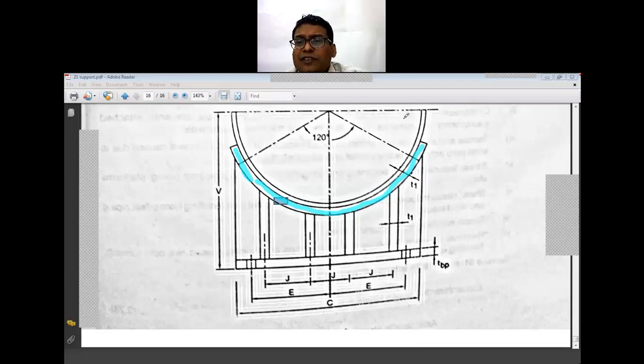So this is the stiffening ring, this is the actual vessel, and this is the saddle support, and to this vessel we have welded this stiffening ring. This is nothing but a backing plate, supporting plate, or stiffening plate, and we are resting on this stiffening plate. Below it, the support will come.